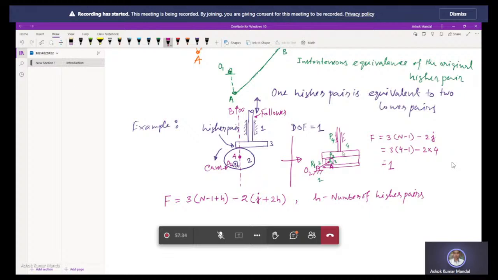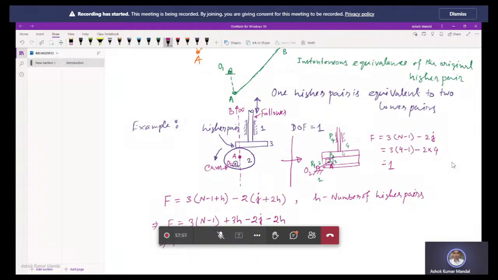Okay, now if you simplify this, what do you get? You will have 3 into n minus 1 plus 3h minus 2j minus 2h.